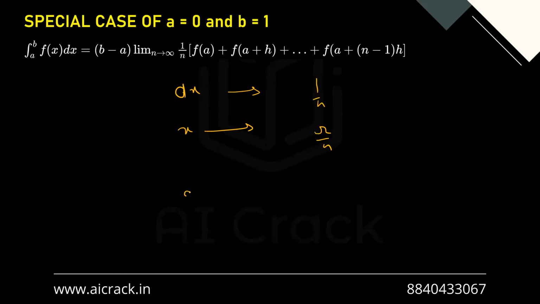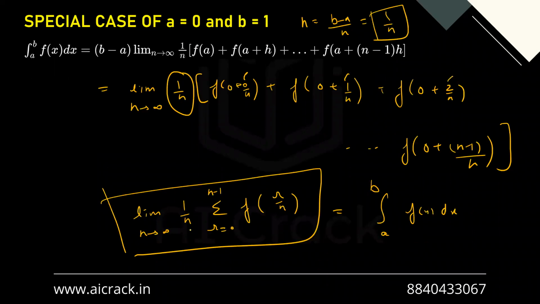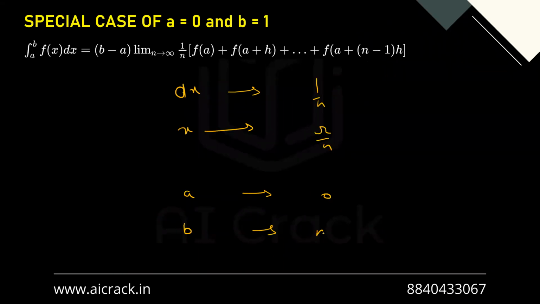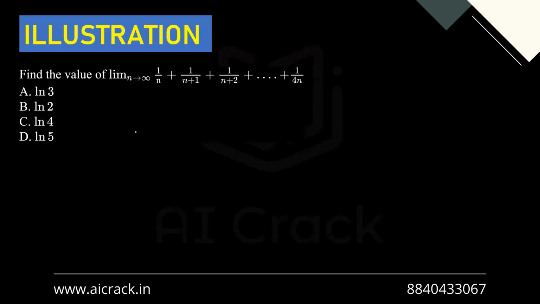So basically a is being replaced by 0 and b is being replaced by n minus 1, which is close to n only, because when n is approaching infinity, n minus 1 is as good as n only. So b is replaced by n, right? So these are the kind of transformations or reverse transformations we have to do in case of converting summation to integral. Okay. So let's look at one example to understand this one.